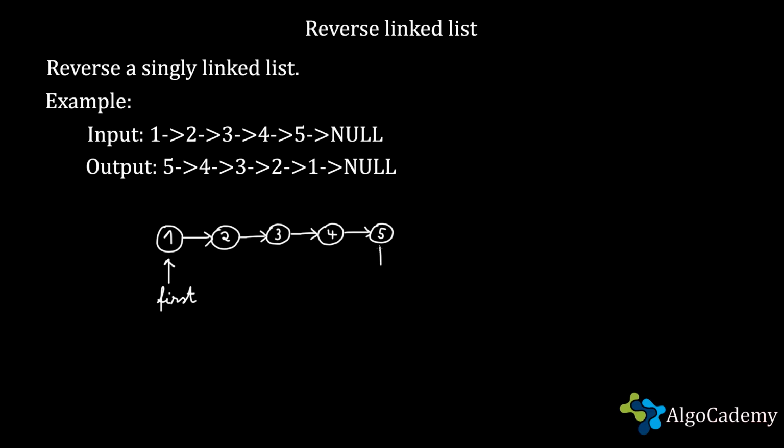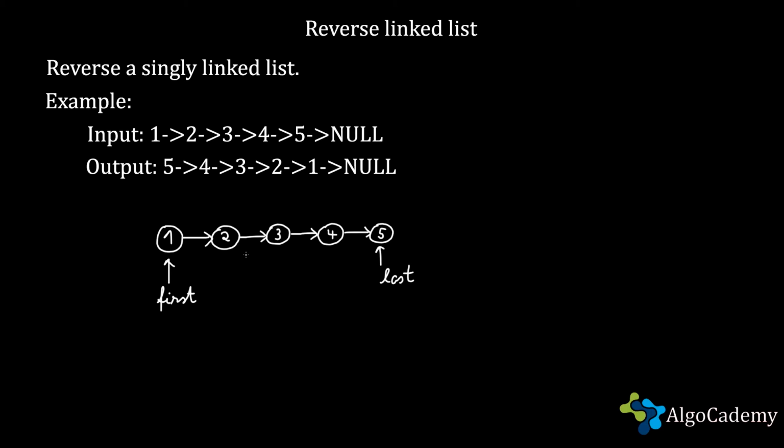And I'm going to need another pointer here, last, which is going to point initially to the last node. And all I have to do is just swap the values of first and last. And then move first 1 step to the right, move last 1 step to the left. This would definitely be a correct solution. I mean, there is no problem in keeping the existing nodes at their memory addresses and just swap the values that they store. Awesome, that's cool.